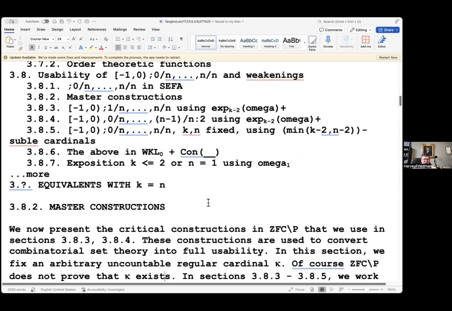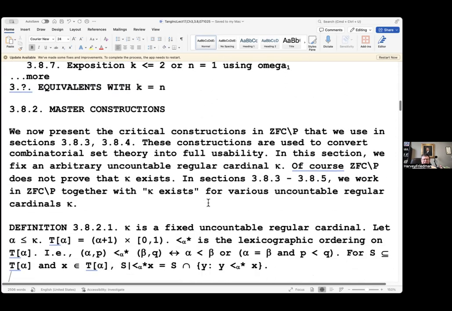All right. So let's get into this master construction. These are the critical constructions, and I want to be specific about what base theory I'm using. So I'm going to use the base theory ZFC minus power set. Now later when we discuss this, you see Zermelo does not cover ZFC minus power set. Zermelo is much stronger, but it doesn't have replacement, whereas this does.